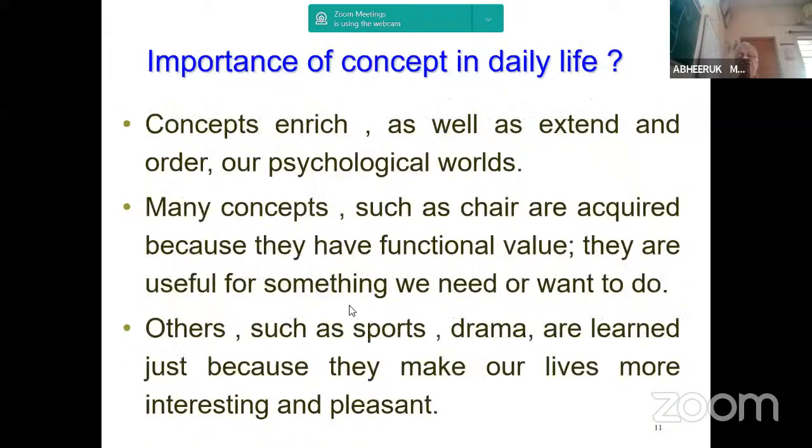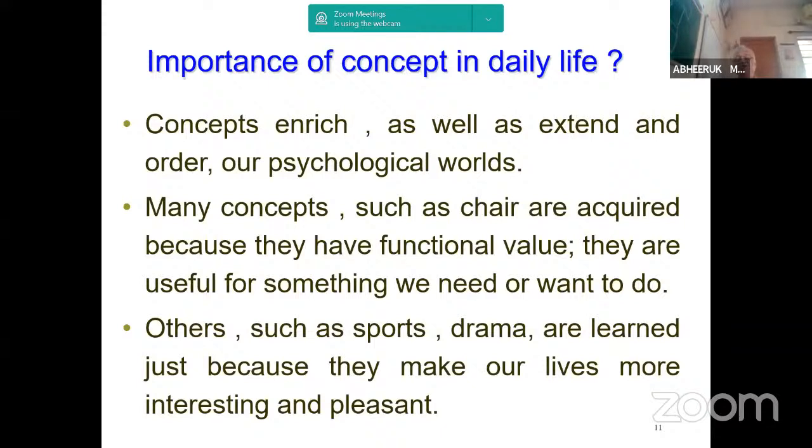Why is it important in our daily life? When two people communicate, if you know the concept, then it is very easy to explain. In your particular stream, suppose somebody is from physics, somebody from mechanical engineering, somebody from literature, in every field there are a lot of concepts.